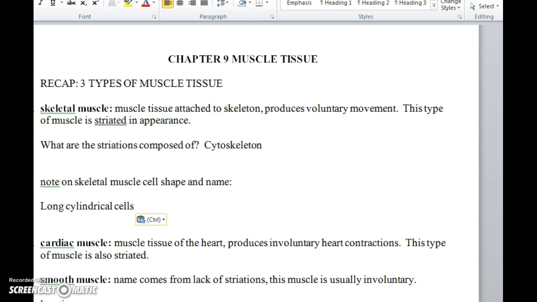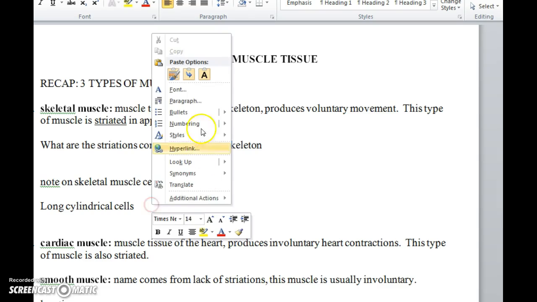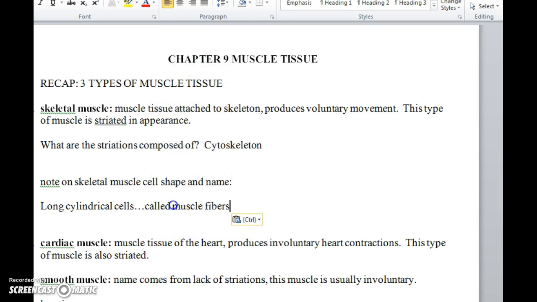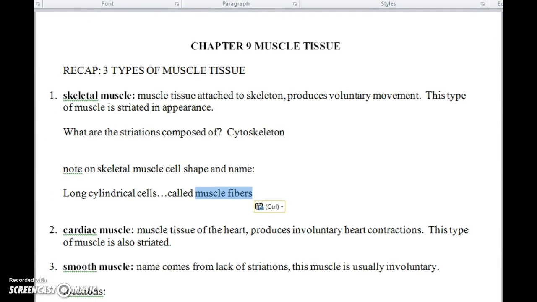At first I was calling those muscle fibers before I told you what that meant, but add this on here: they're called muscle fibers, fibers like a thread, kind of long. Every time you hear muscle fiber in this chapter, it means muscle cell.